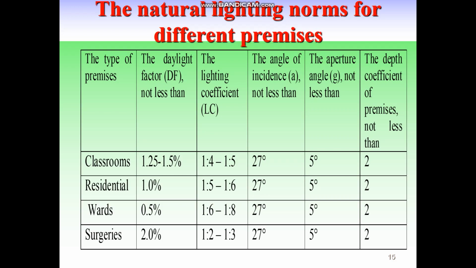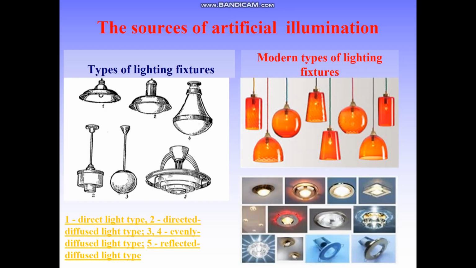For example, norms for a surgery room: daily factor not less than 2%, the light coefficient equal to 1:2 to 1:3, the angle of falling not less than 27 degrees, the angle of aperture not less than 5 degrees.